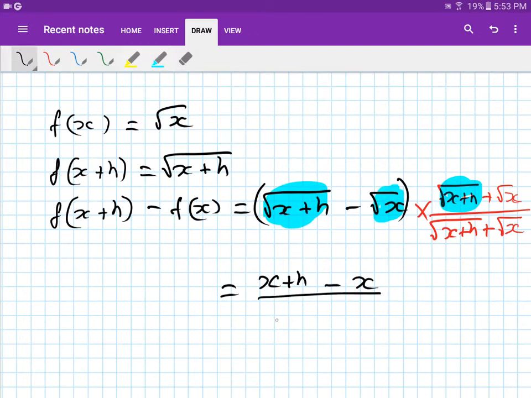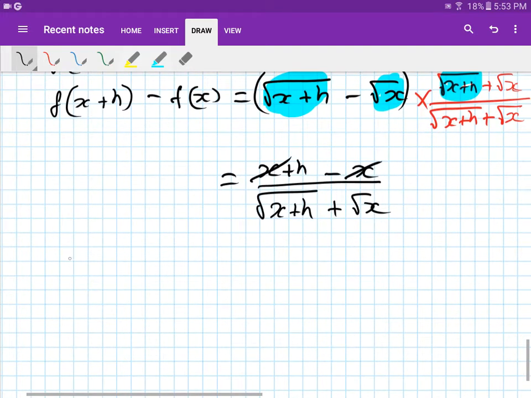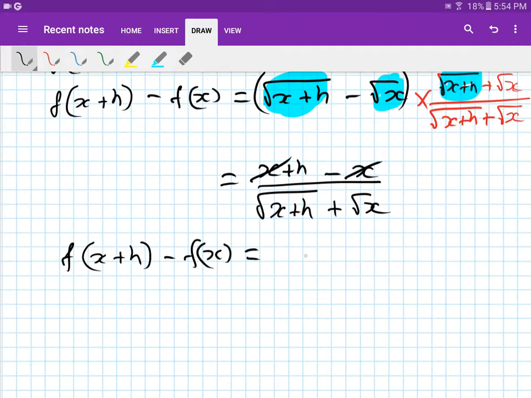So that's what you get. Then over square root of x plus h, of course, plus square root of x. So this one cancels out. So what I get is f of x plus h minus f of x, which is equal to h over square root of x plus h plus square root of x.